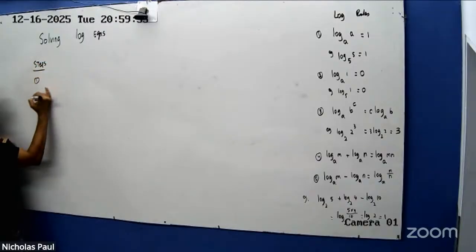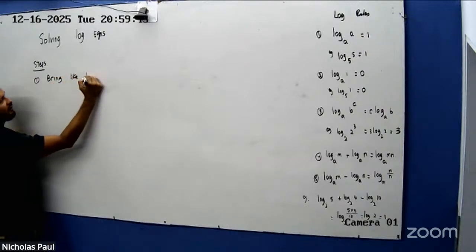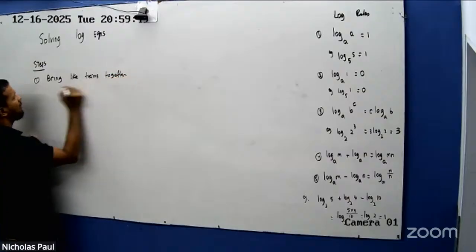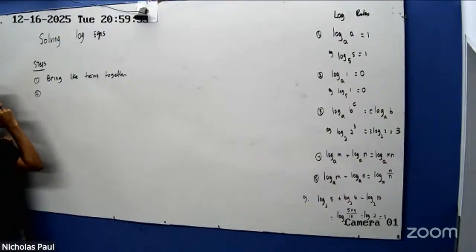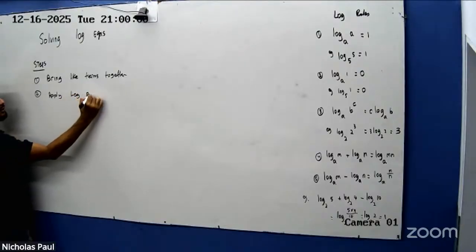Number one, bring your like terms together, usual thing. Second thing, after you bring the like terms together, what you do is apply log rules.